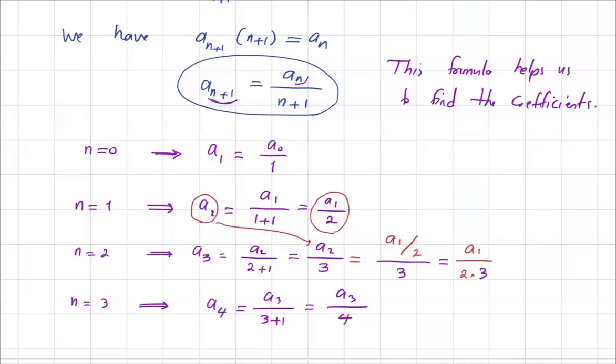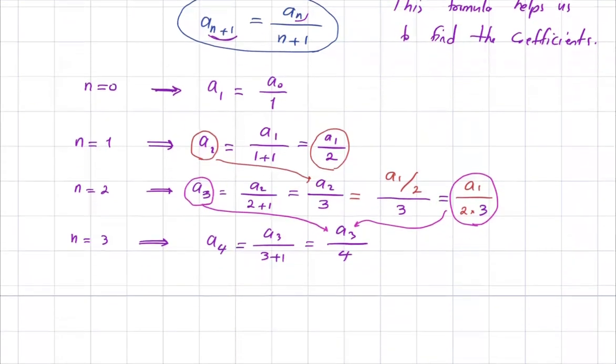But take a look, I already know what a sub 3 is. A sub 3 needs to be replaced here. So this can be written as a sub 1 divided by 2 times 3 over 4, or you end up with a sub 1 over 2 times 3 times 4. Ooh, I see a nice pattern here: 2 times 3 times 4. We can continue this process, all right?